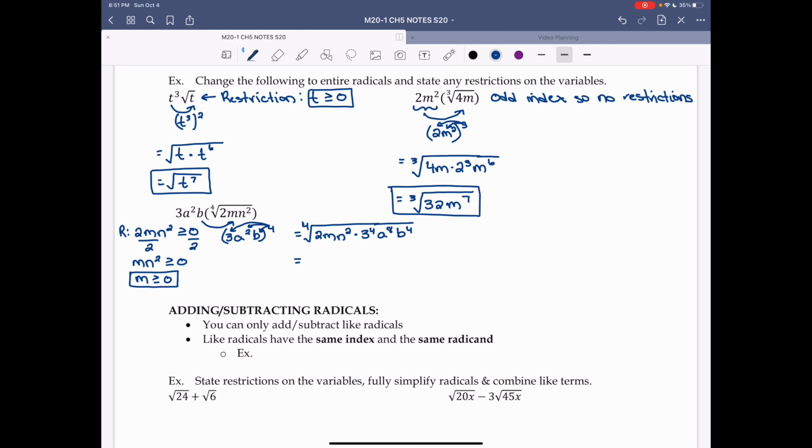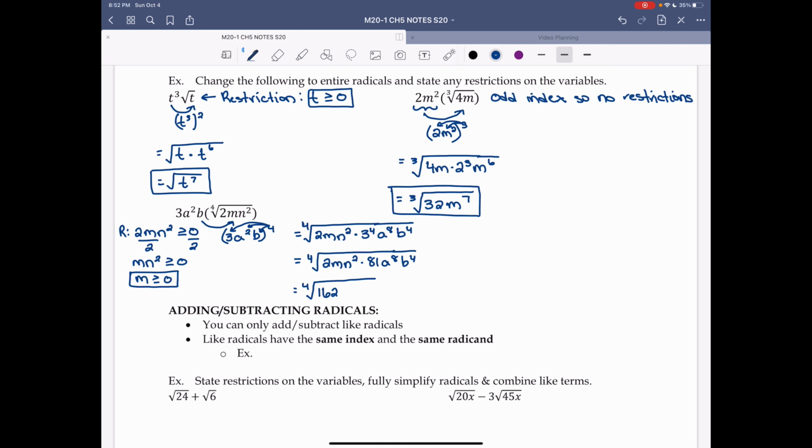Let's simplify. Fourth root of 2mn to the 2. 3 to the power of 4 is 81. A to the power of 8, b to the power of 4. And then multiply our numeric coefficients together. We get the fourth root of 81 times 2 is 162.